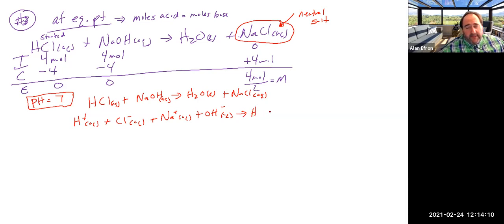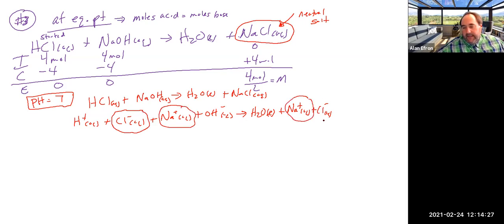Water would stay together because it's a pure liquid. Anything that's solid, liquid, or gas stays together. Weak electrolytes as well. We end up with this guy. And perhaps you remember from total ionic equations, there are certain ions on both sides which look exactly the same, which would be these guys. These are our spectator ions, right? They're just there watching what's going on.